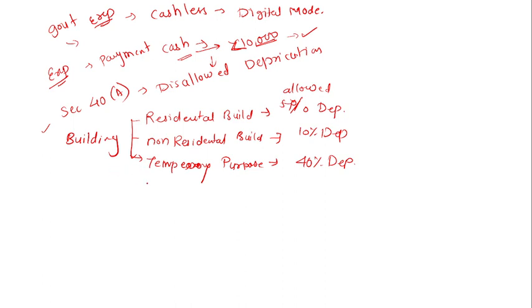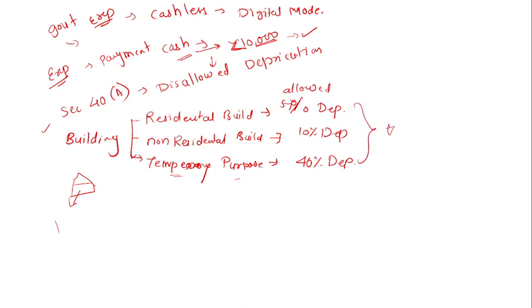You know that in case of construction, where some construction work is going on, we need many labourers, and we will make some huts for them. We use some temporary buildings for the construction. After the construction is completed, we will not use that building. So in that case it is for a temporary purpose, and you will allow 40% depreciation.